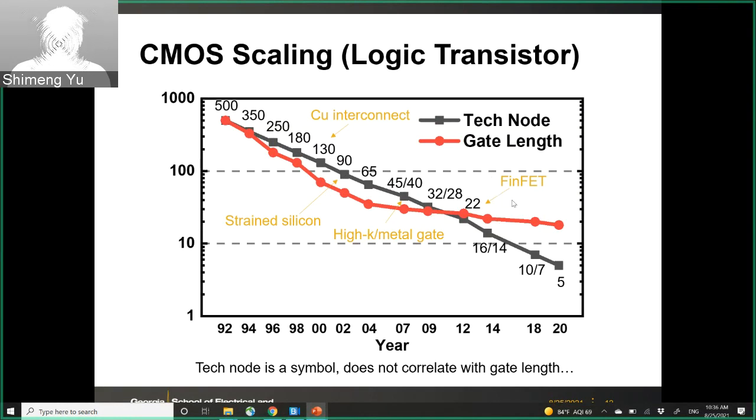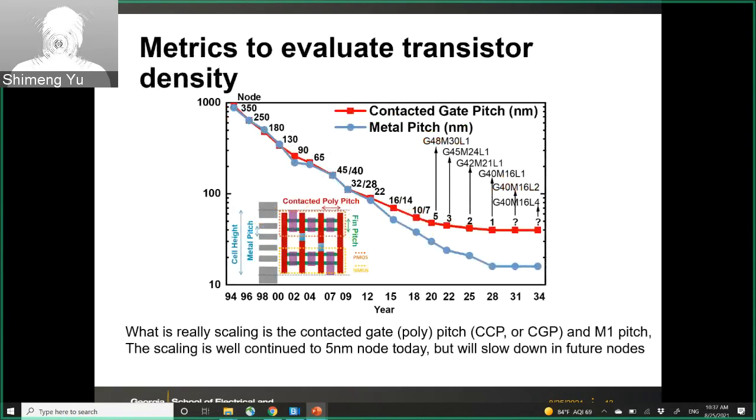Then you may wonder, okay, if the gate length no longer scales, then what drives Moore's law? What is scaling, right? What is really scaling is the contact gate pitch and metal one pitch.